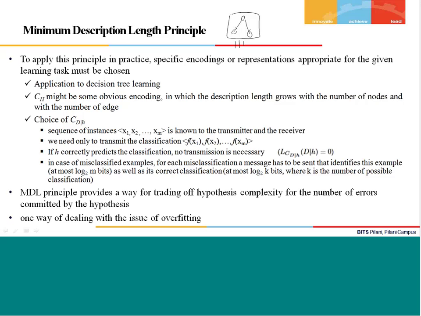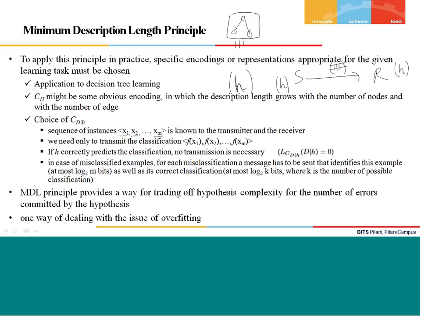For example, you want to send from sender to receiver the hypothesis and the classification. So if you use a shorter hypothesis, you can send it with less number of bits. Now this hypothesis will go to the receiver side. Sender and receiver both know the hypothesis now because it is already sent there.